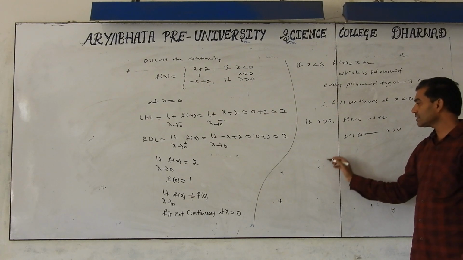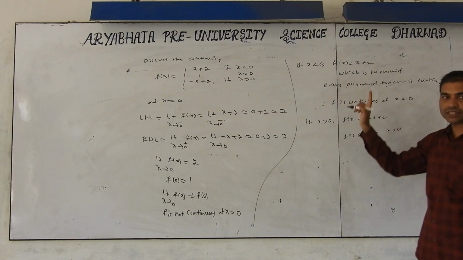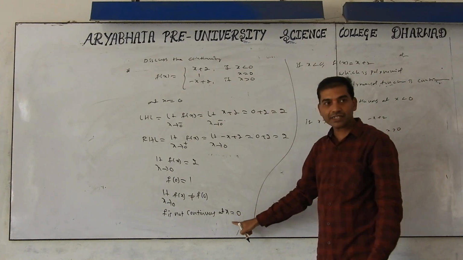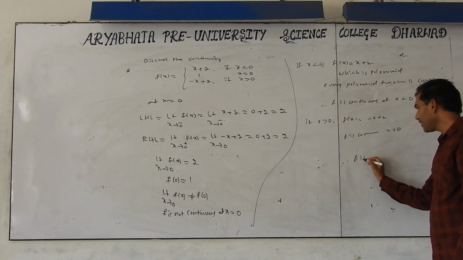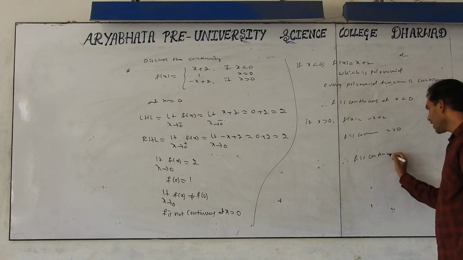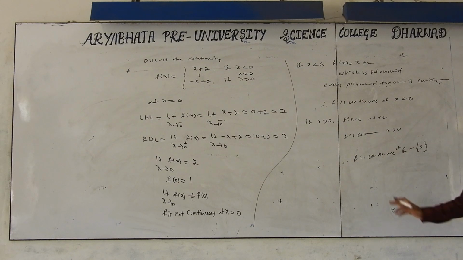The conclusion is f is continuous for all x above 0, f is continuous for all x less than 0, but f is not continuous at 0. So f is continuous for all real numbers except 0.